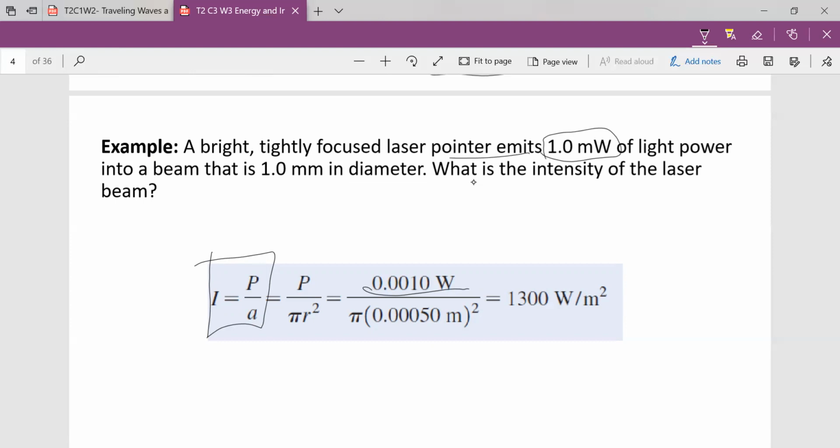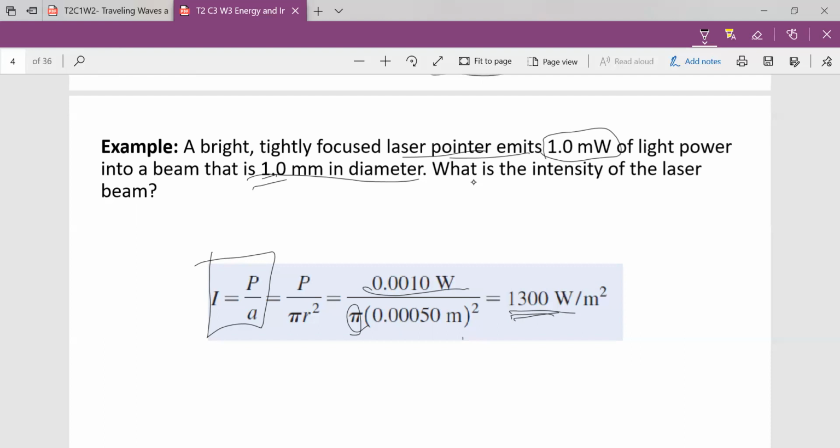And the area for this beam is given as pi r squared, right? Pi is a constant, and the diameter is given, so we take the radius, which is the diameter divided by 2, and convert it to meters, and we'll have 0.0005 meters. Squaring that and multiplying it out, we have about 1,300 watts per meter squared as the intensity of the laser beam.